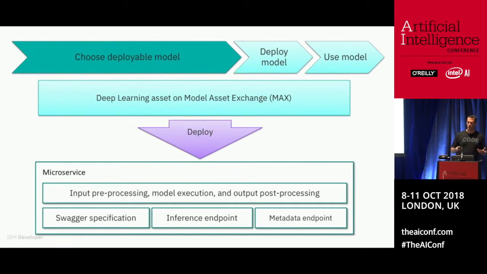And you also get a standardized Swagger specification, which allows you to use the automated tooling around the API definition, explore the user interface, an inference endpoint, and a metadata endpoint to get, for example, the labels of a classification model. And this is still in development, and we're going to be adding more features to this.